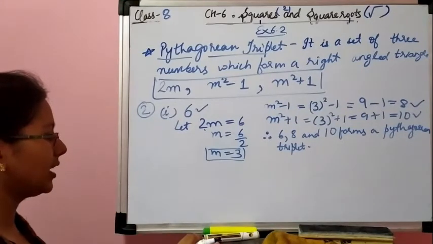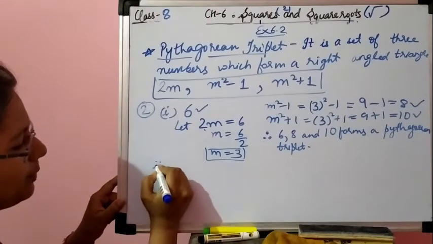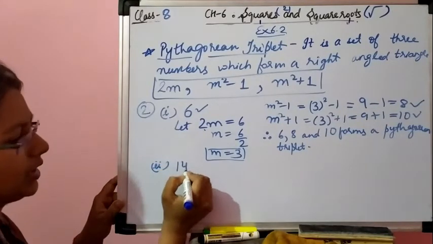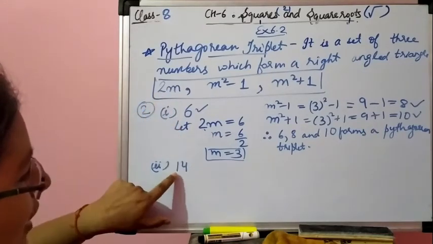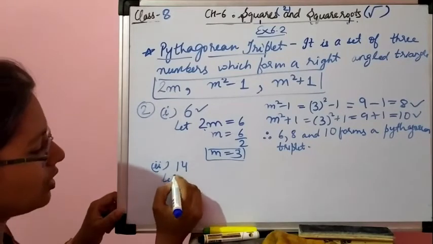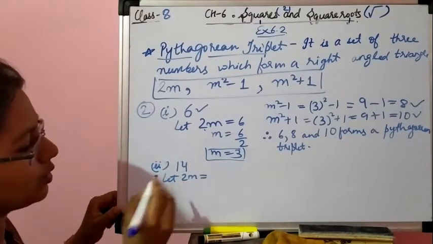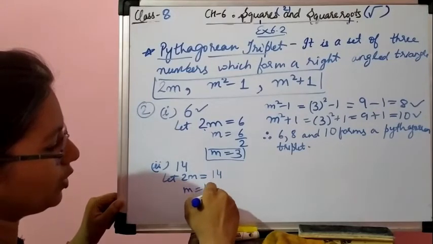Let's do the second part also. It is 14. So again we can see that by using 2m, if I take 14 is equal to 2m, then we can easily find m. So let 2m is equal to 14. So m is equal to 14 by 2.